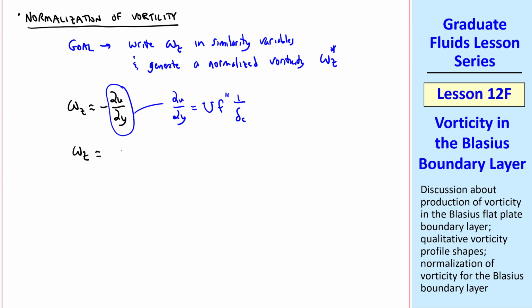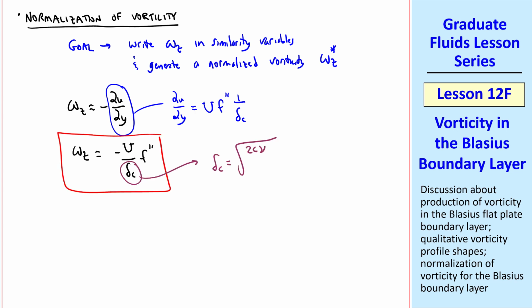So omega z is approximately minus U over delta c f double prime. But we know that delta c is the square root of 2c nu x over capital U. So omega z is approximately negative U to the 3/2 over square root of 2c nu x f double prime, noting that f is a function of eta, or similarity variables.